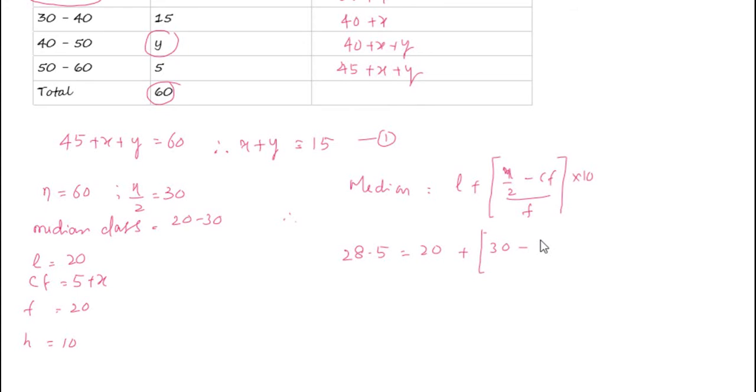CF is 5 plus x divided by F. F is 20 into H. H is 10.